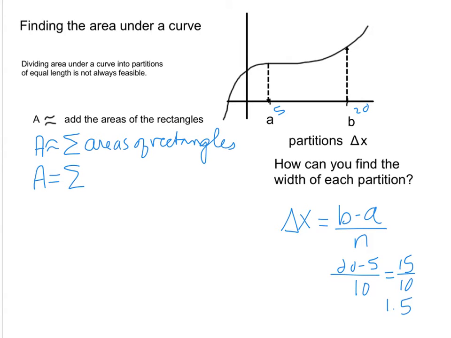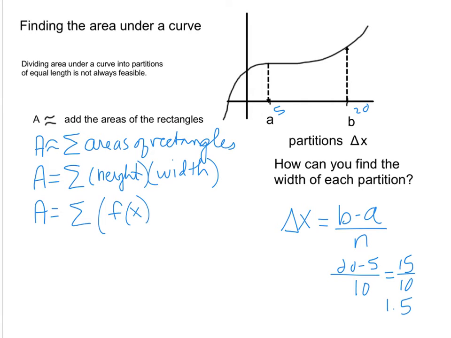Well, area is just height times width, right? That's how you find the area of a rectangle. All right, so then we could take that just a little bit further, and we could say that the area was equal to the sum of the heights. Well, remember that the heights were all the y values. So f of x times then the width. Well, the width is each width here, and the ones that we did in class were 1/2, but here the width would be delta x.